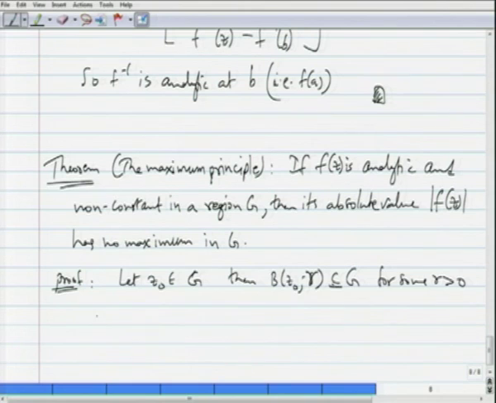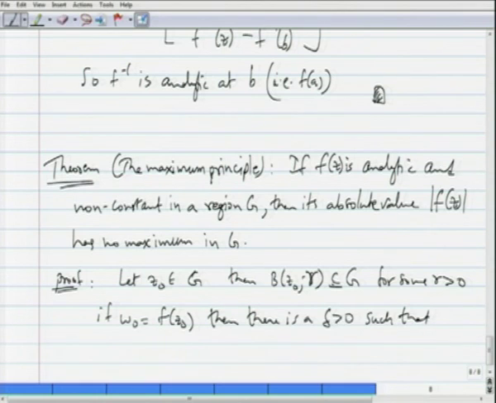If w naught is equal to f of z naught, then there is a delta positive such that B of w naught, delta is contained in f of B of z naught, r by the earlier theorem, which we had.